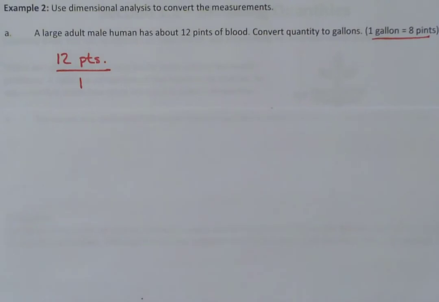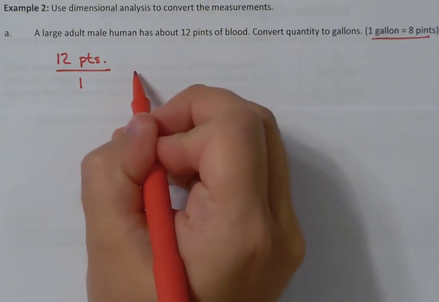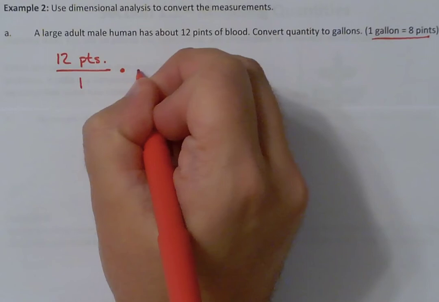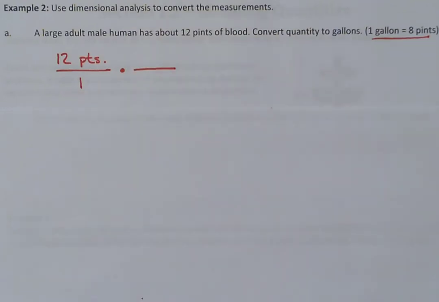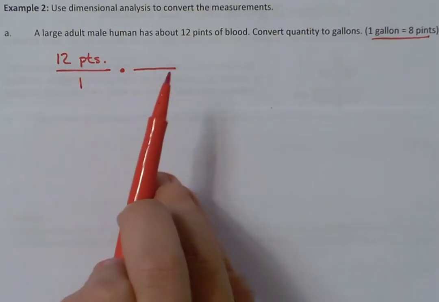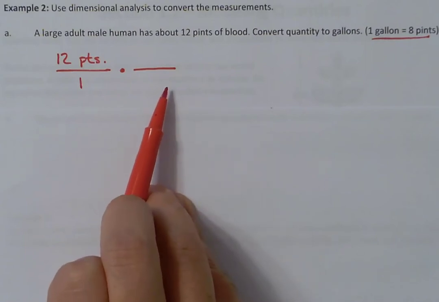Now, for converting measurements, we are not going to set this equal to like we did with scales. We're actually going to multiply fractions. So that's what we're going to start with here. The key for conversions is you need to do the opposite. So we have 12 pints on top. That means I need to put the pints value on the bottom.